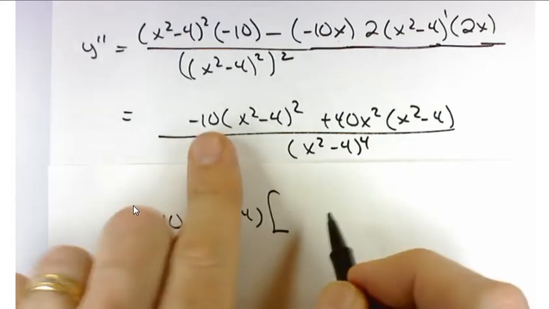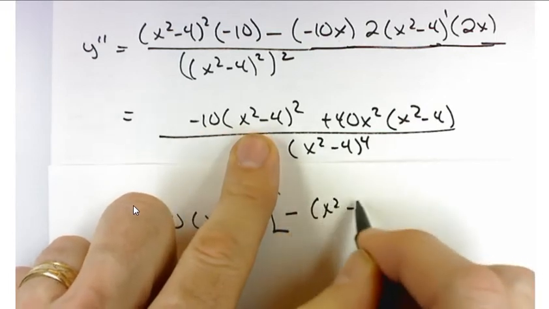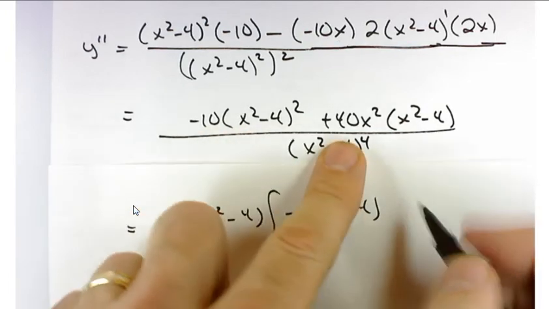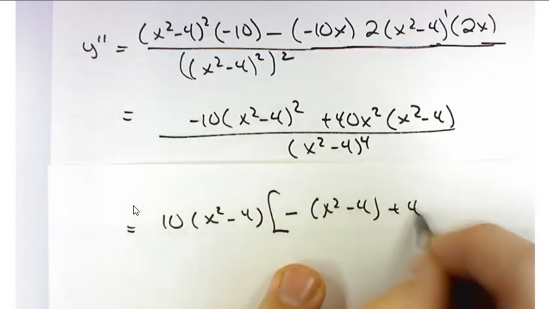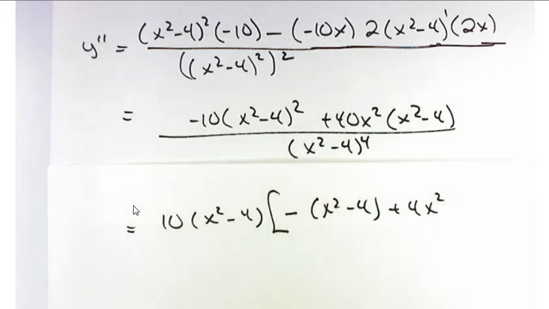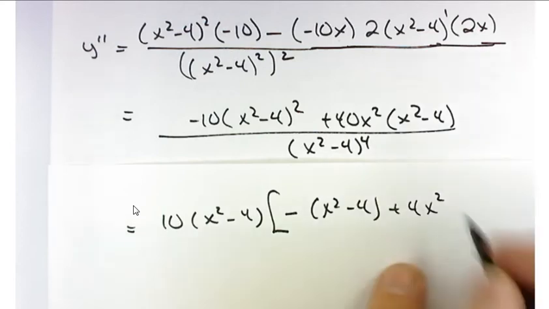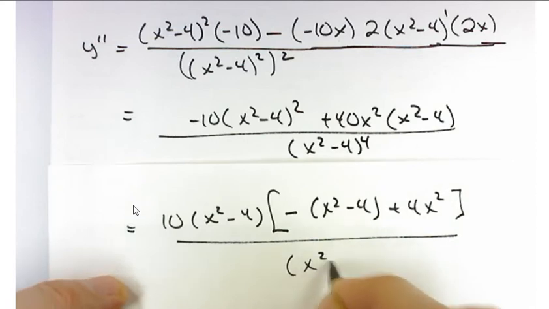That's going to leave behind a negative 1 and an x squared minus 4. And I pulled out the 10, so it's going to leave behind a 4x squared. This term is gone altogether. That second binomial, I factored it out. Over x squared minus 4 to the 4th power.